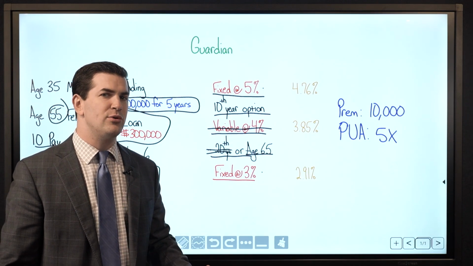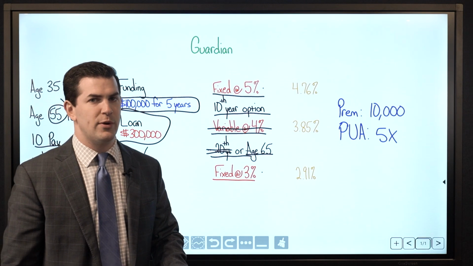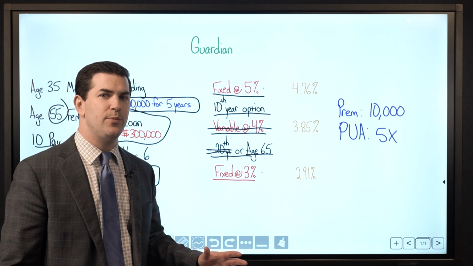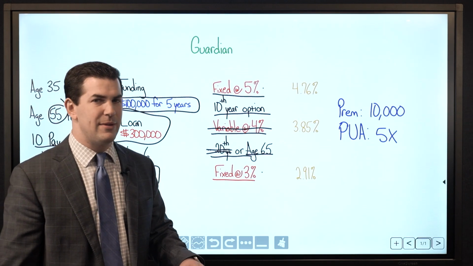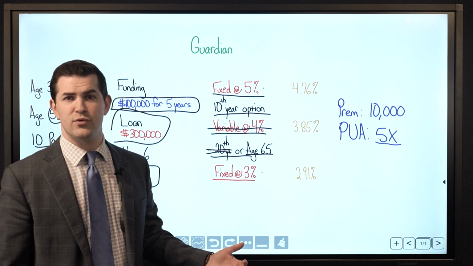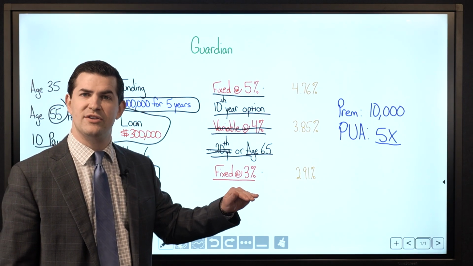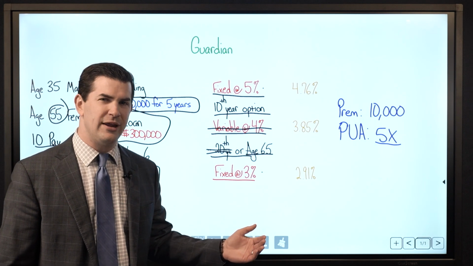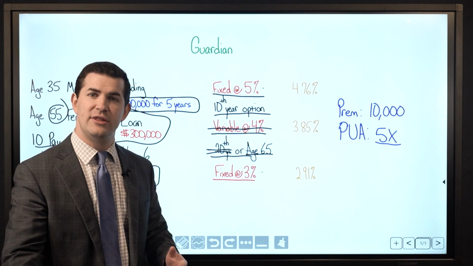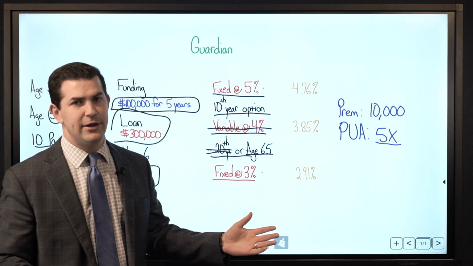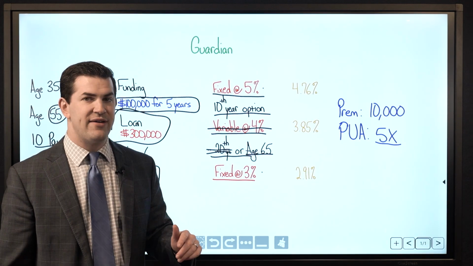So I cannot go as aggressive, 10xing the base premium each year, when illustrating policies for maximum cash value. They may allow you to go higher, but at the same time, they reserve the right to cap it at 5x the base premium in annual PUA payments. They don't allow you to illustrate any higher than that, with the exception of the first year, where we can go 50x the base premium. But beginning year 2, the maximum is 5x the base.